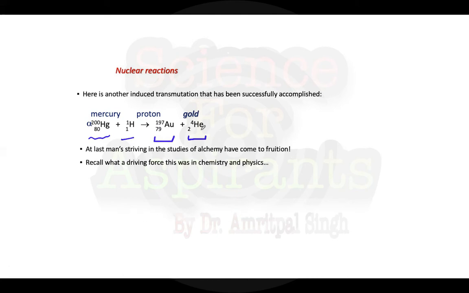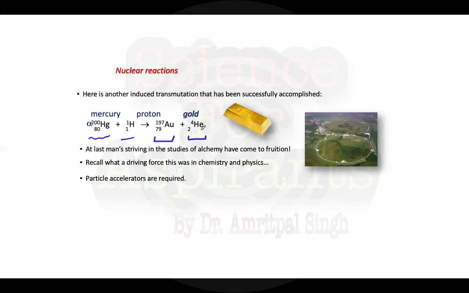But what is the driving force which can lead to such a reaction? For this we need a large number of accelerators which can accelerate the proton to such high energy that it can deeply penetrate the nucleus of mercury to form gold atoms.